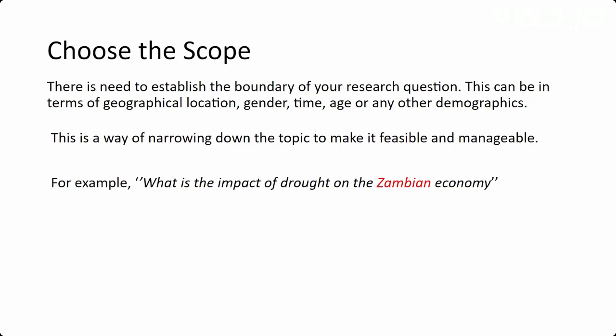It's very important that a scope is established in every research question. In this case, like we have said, Zambia, which is a geographical scope, has been established. Other scopes may be established. You can extend your scope. Say, what is the impact of drought on the Zambian economy between 2005 and 2030?